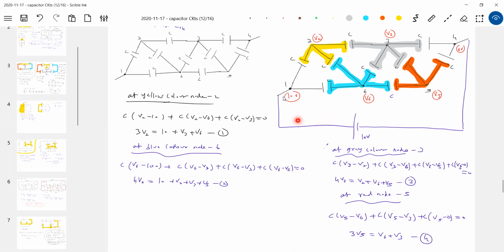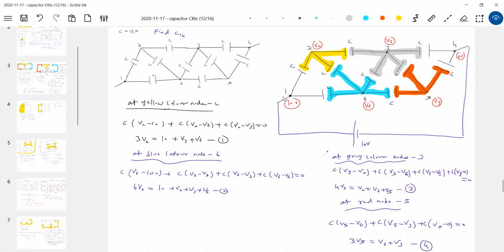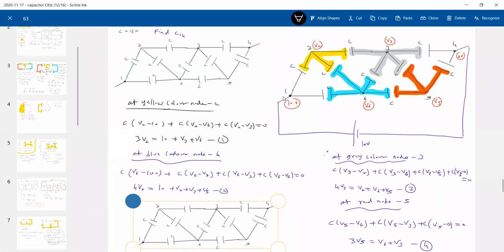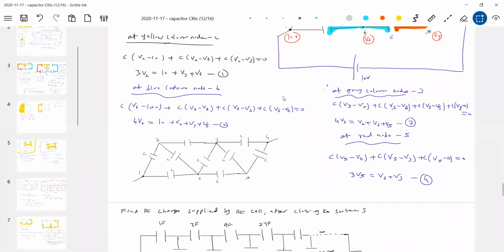Then that much charge should be pushed by this 10 volt cell here. So QA charge, QB charge. Only, don't go for charge distribution again.